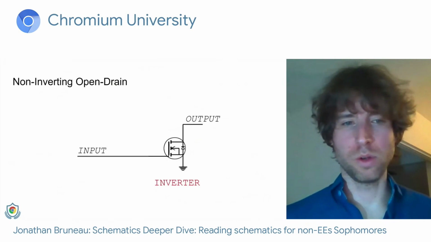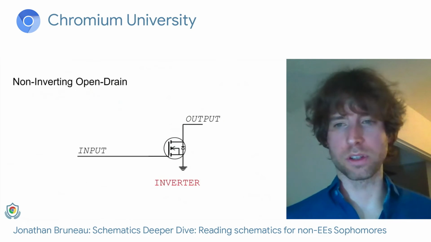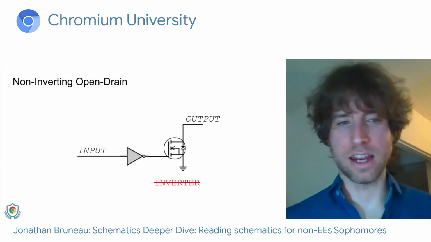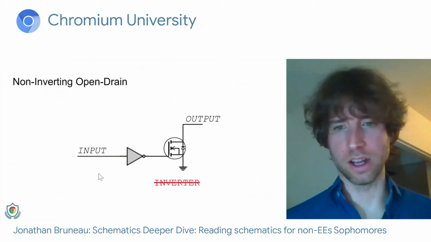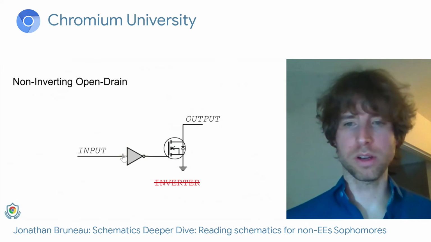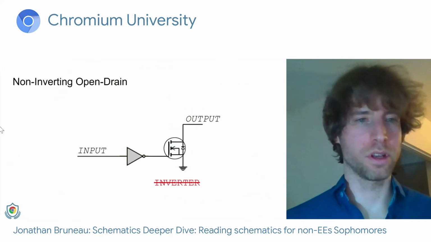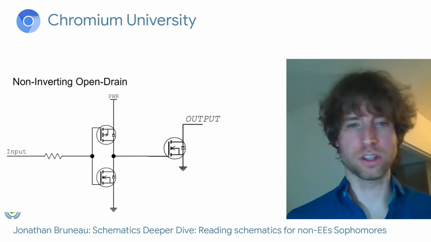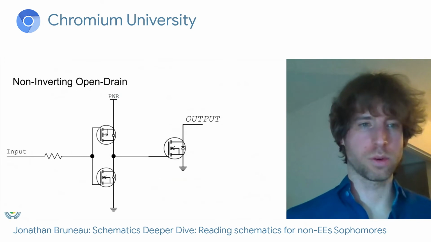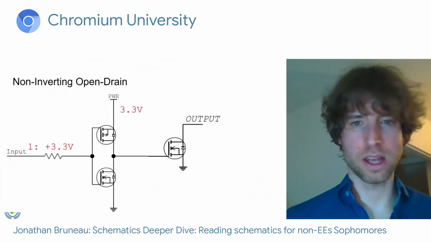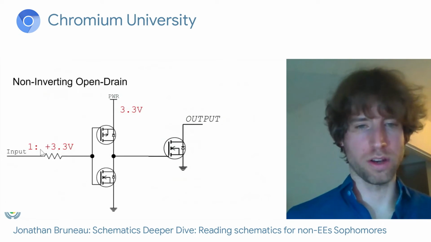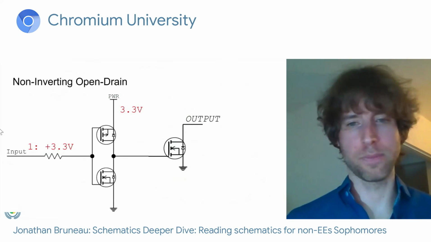I'm going to use our inverter circuit. I'm going to simplify it a little bit, and I'm going to add a NOT gate, a NOT logic chip here to make it not invert. And this actually transforms into this circuit here, and I'm going to show you how this works. So suppose that my power is 3.3 volts, and I give it a logic 1 or 3.3 volts on the input.